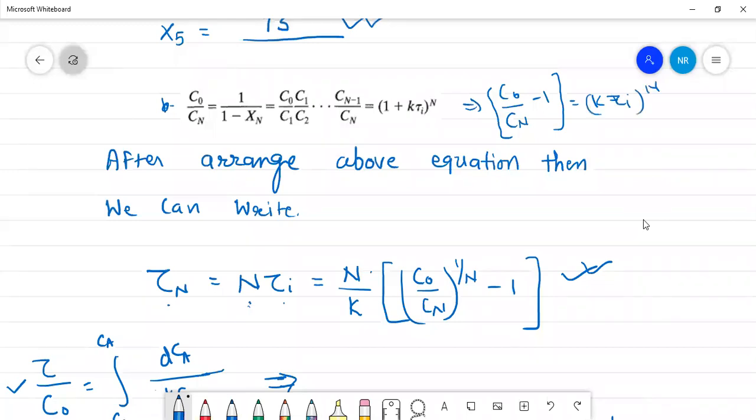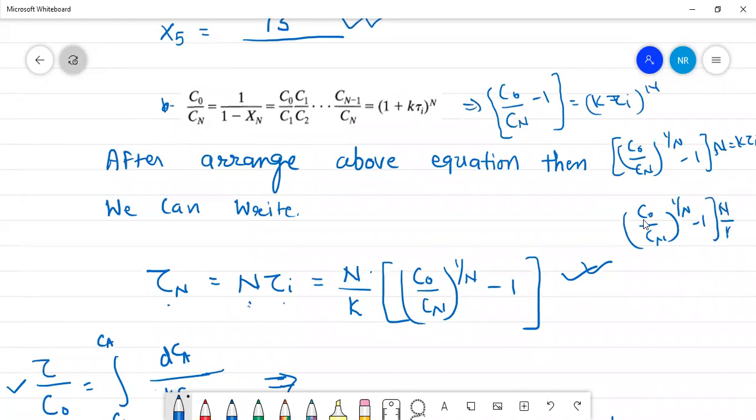They are removing this n from here and introducing the n here, so c0 divided by cn raised to 1 minus n divided by n. So n is equal to k tau i. So finally c0 divided by cn raised to 1 minus n, minus 1 divided by n, divided by k is equal to tau. I think they rearrange like this and get the answer from this one to this one.